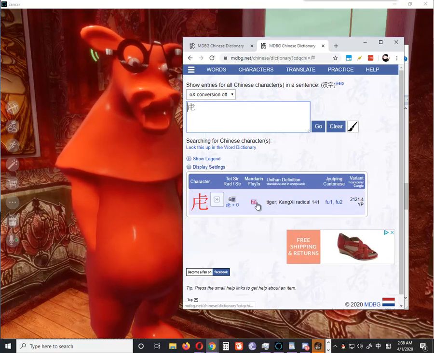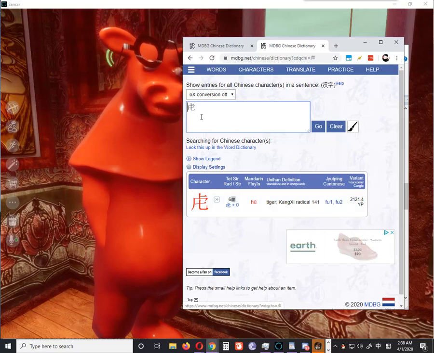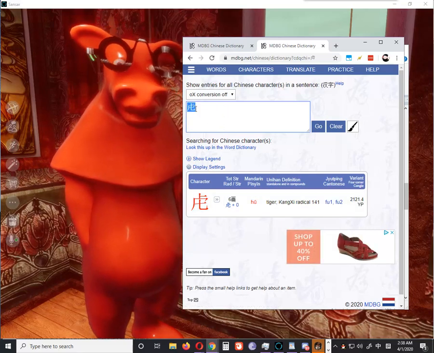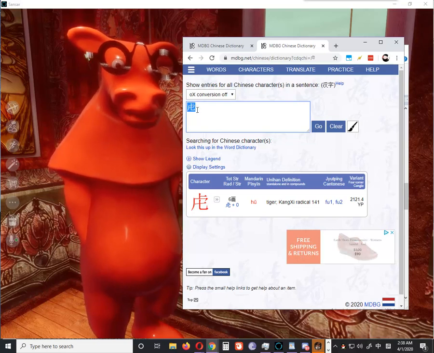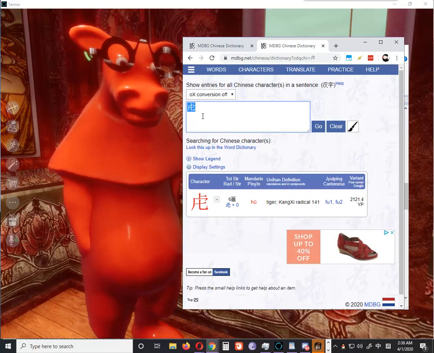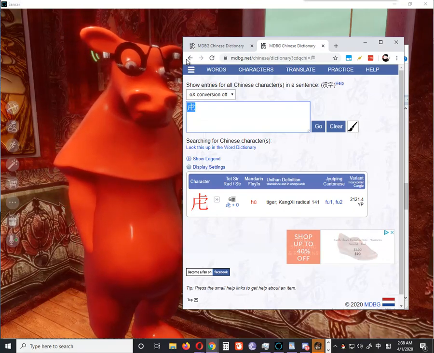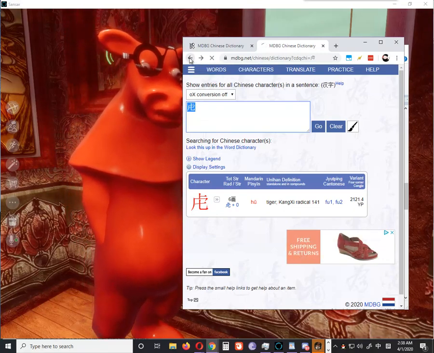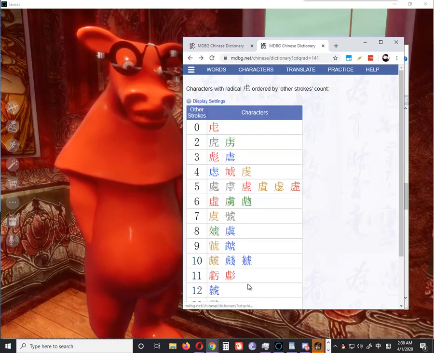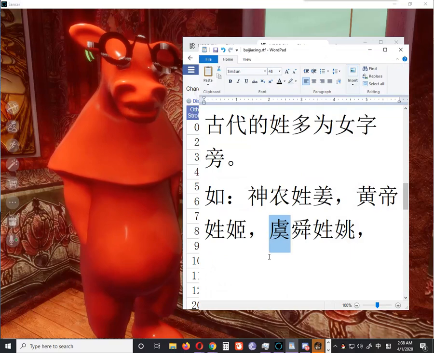So I want to remember that who. Don't forget it. That way, if ever I see it in a component, I'll have a chance to find that character faster. Okay, so now let's go back and get that Shun.